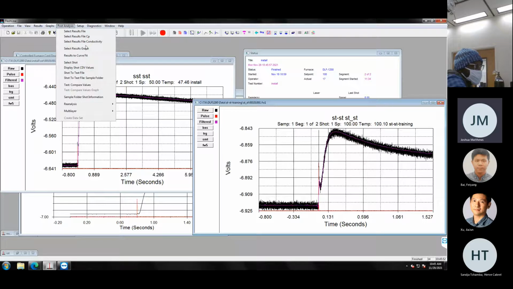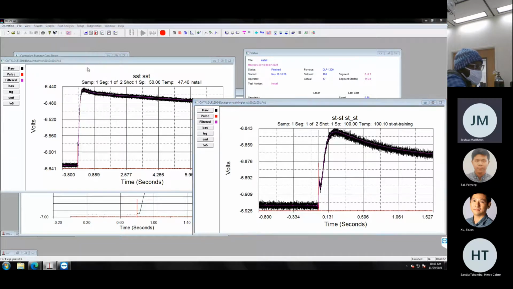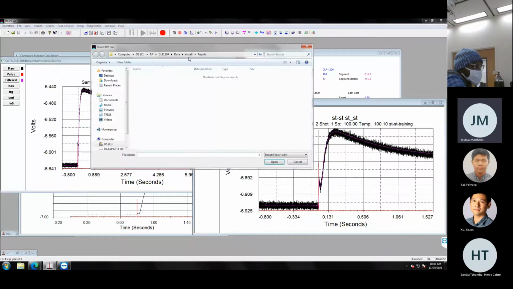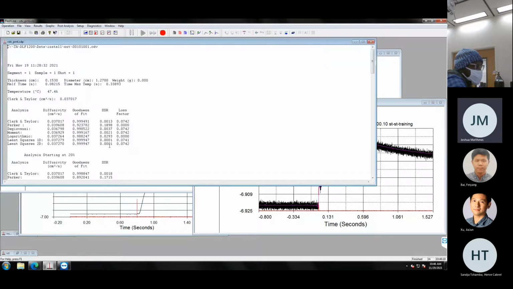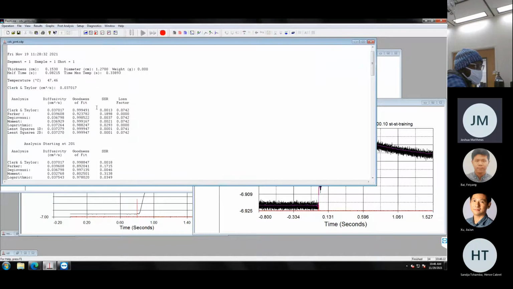You can also do. Let's see. I think you can look at these as the results section too. No, you can't. So you have to look at the shots individually. This gives you, the CDV gives you more information.